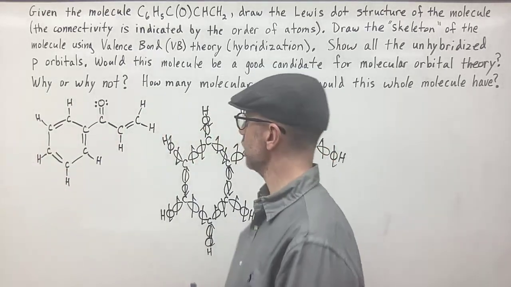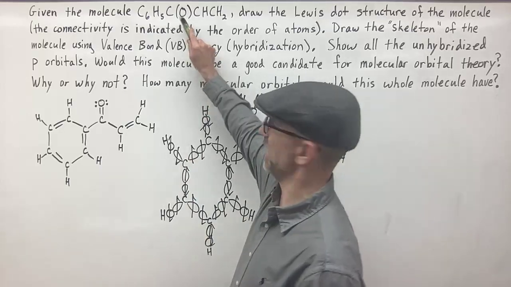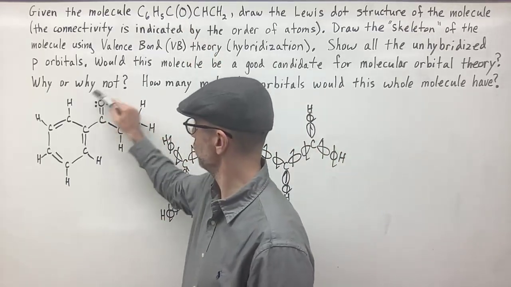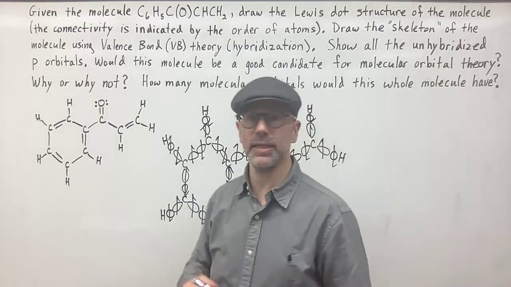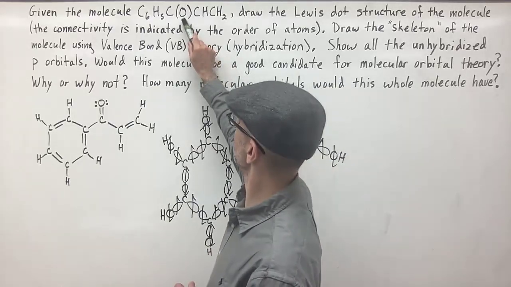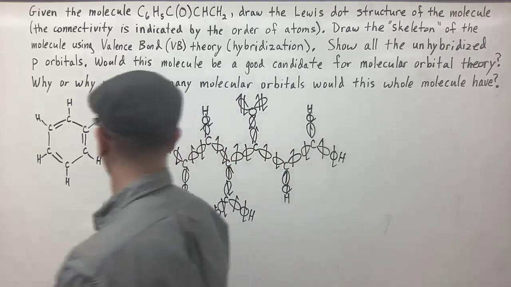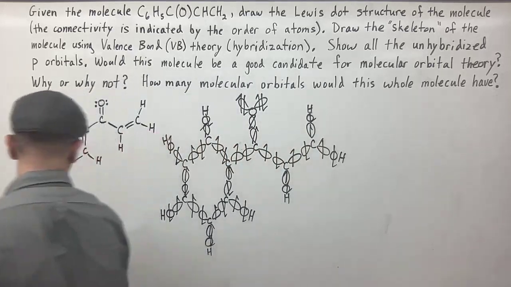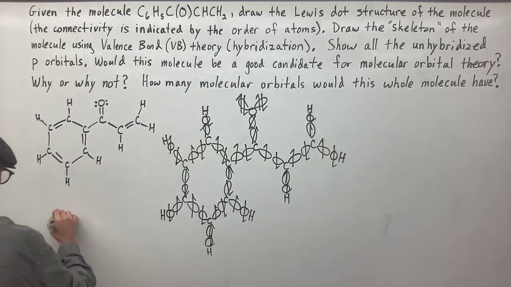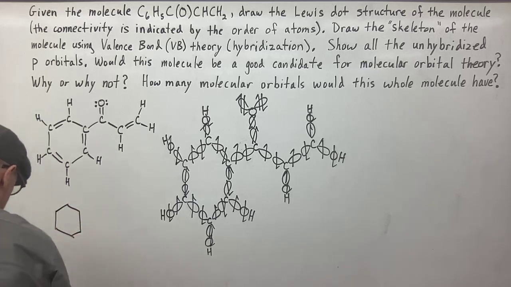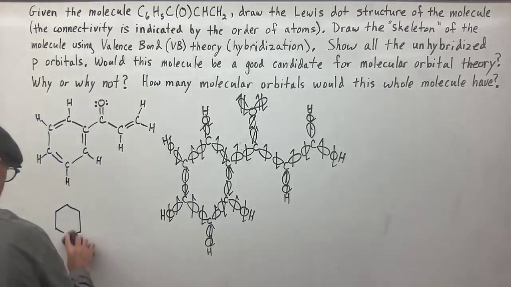Now, there's another way, depending on how we understand that oxygen. I understood it as a ketone, but it could be the case that this oxygen is bonded directly between the 2 carbons. So everything else would look the same. So if I draw just a sketch of what this molecule looks like.